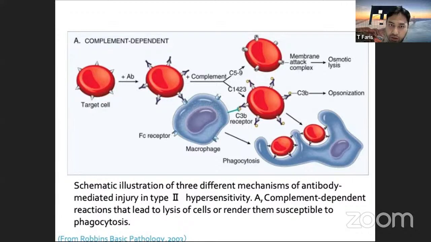Another way, we have C1, C4, C2, C3. They are manipulating a different way of producing a small C3b receptor that is bound to the antibody, and later on this complex can be recognized by the phagocytes. In other words, you are helping the phagocytes or macrophages to recognize the target cells, because the target cells are very clever. They can cheat our immune cells so that they won't be recognized.